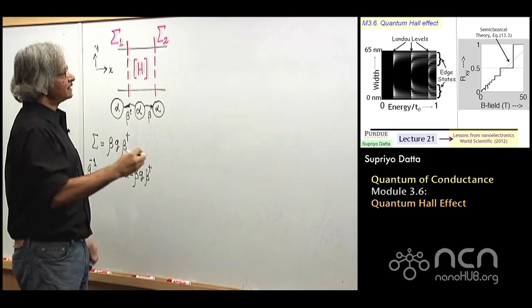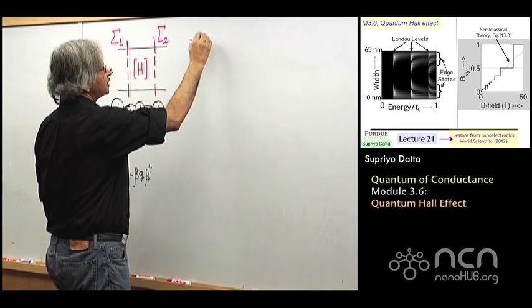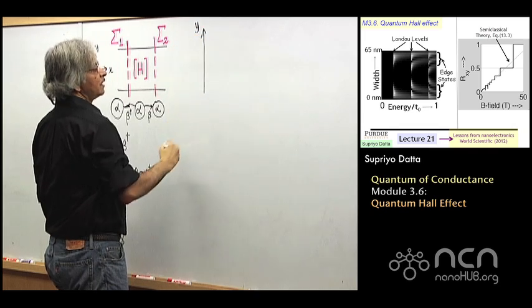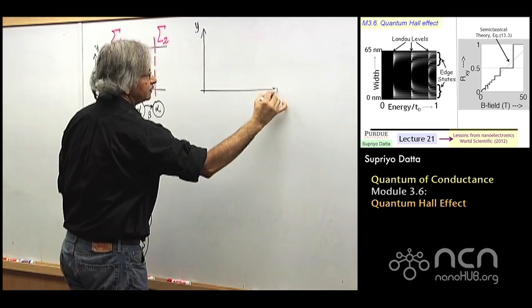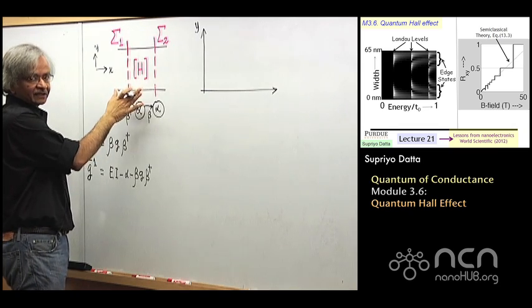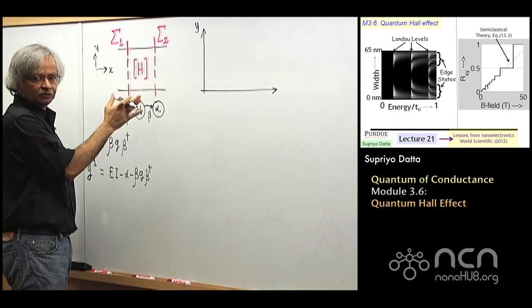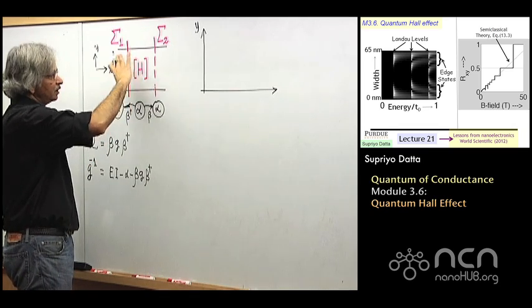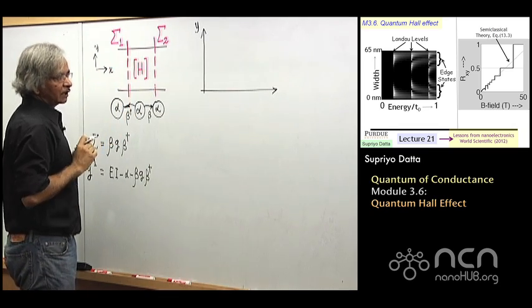That is, let's say this direction is Y, and this direction, of course, is another spatial direction, X. But X has not much information, because nothing varies with X here. It's a uniform conductor.